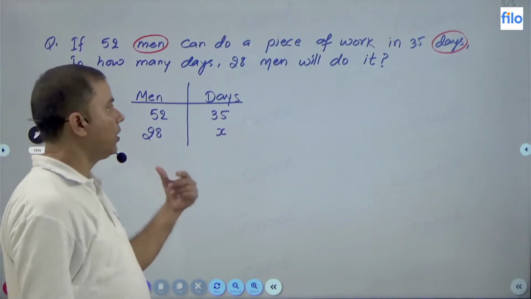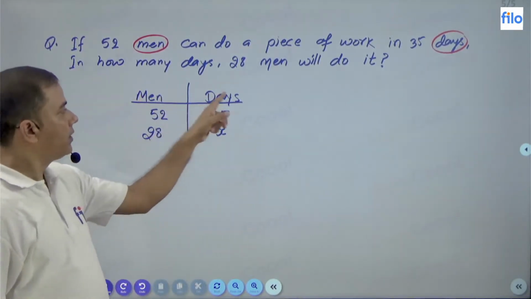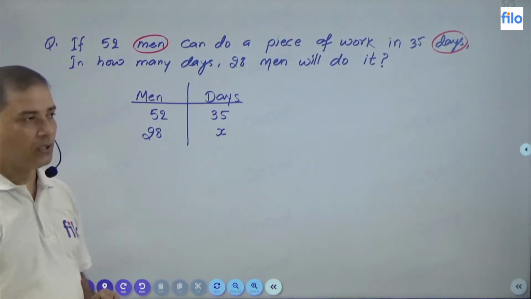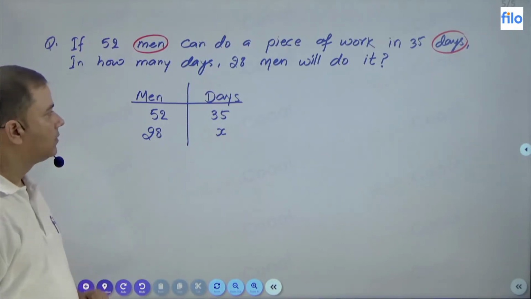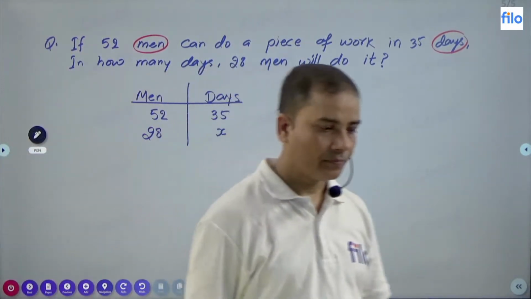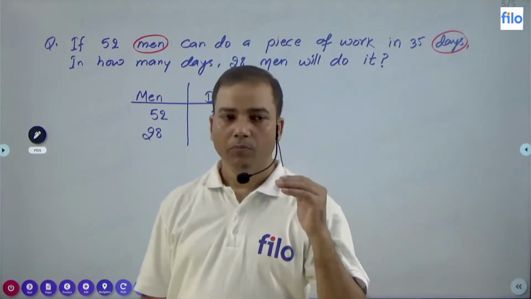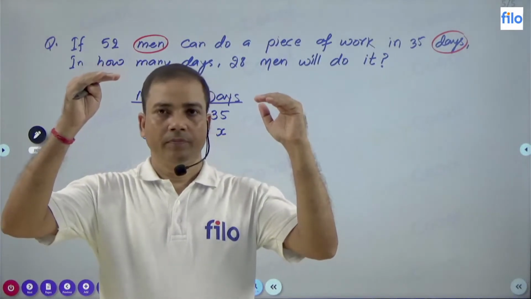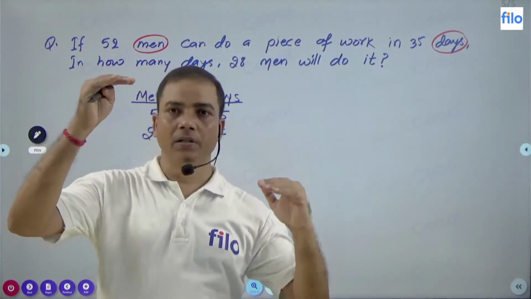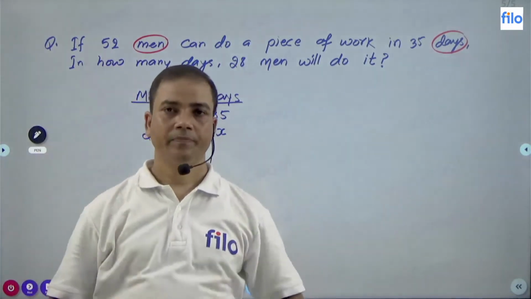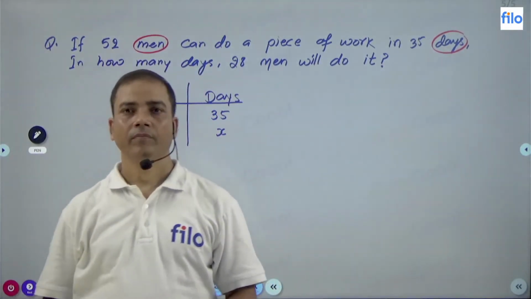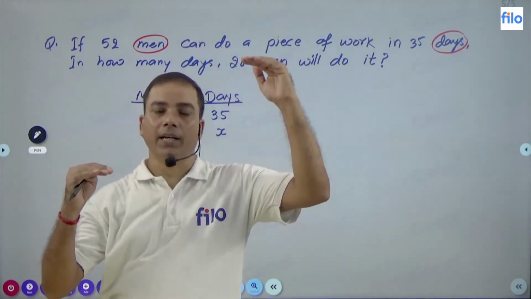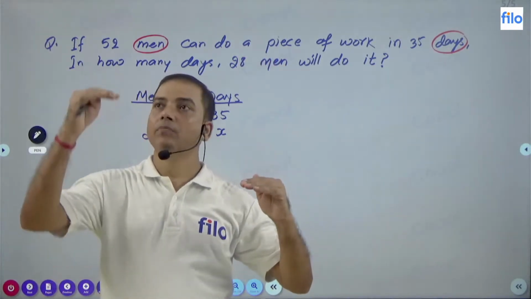Now before we move on, we have to check if the two quantities, men and days, are direct variation or inverse variation. Do you think more persons will work in more time and lesser persons will work in lesser time? No. More persons will work in lesser time and lesser number of persons will take more time.